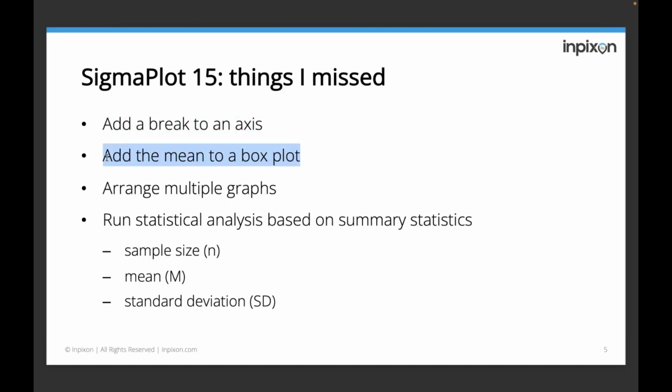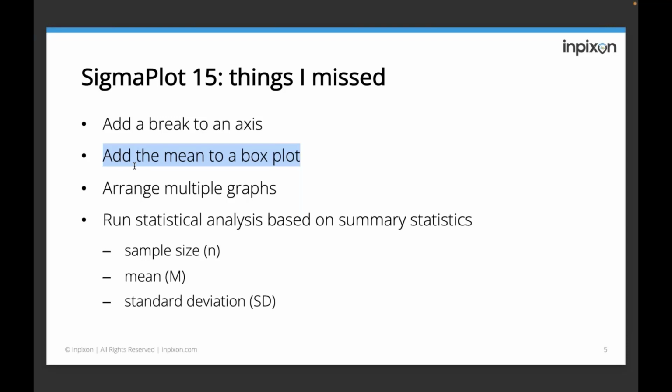The same with box plots. Maybe you're familiar with box plots. They show the median and the first and the third quartile of your data. And sometimes you want to add the mean to a box plot as well. It's not an original box plot. The inventor of box plots doesn't want it to have the mean inside this plot.